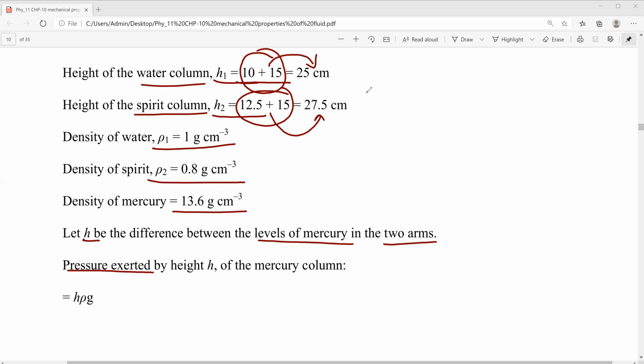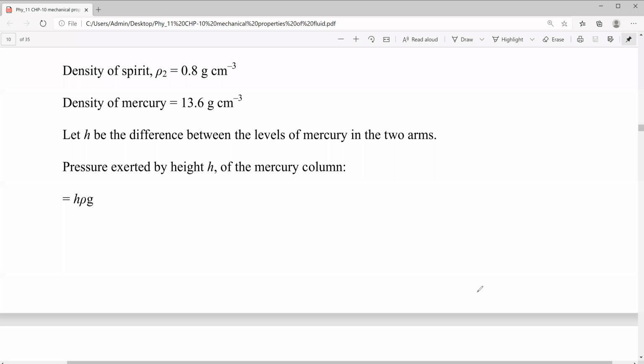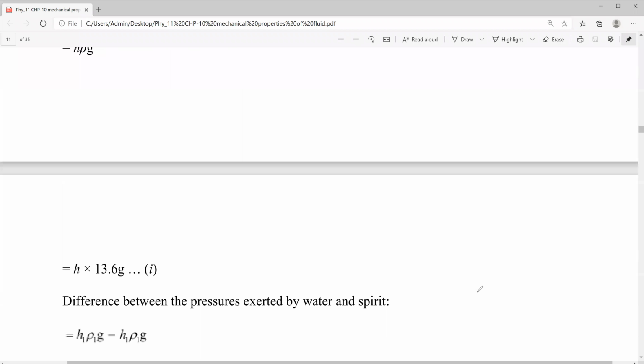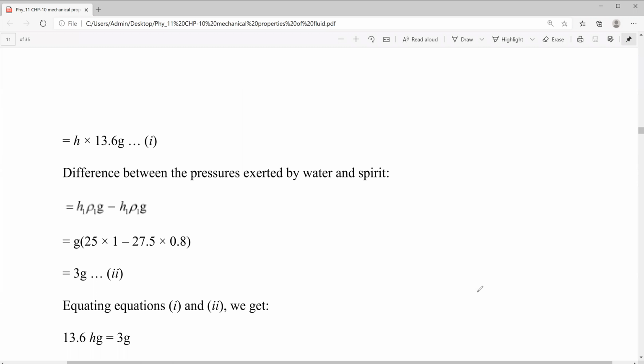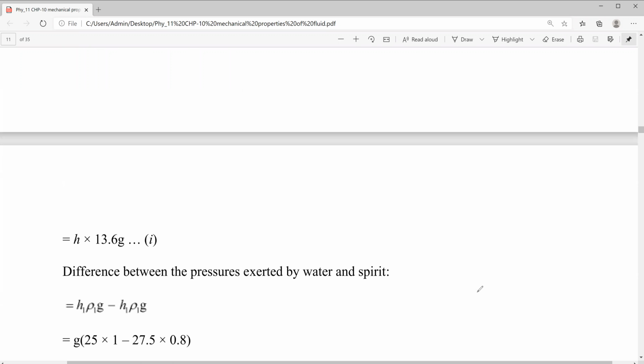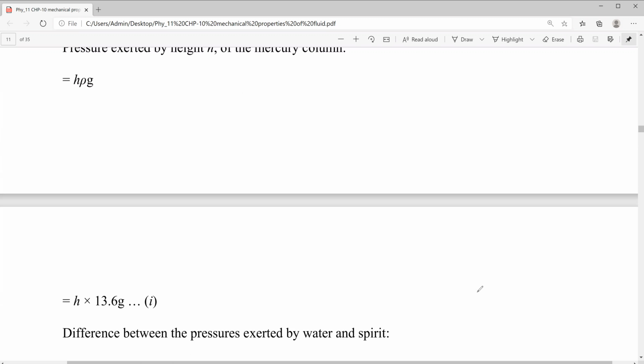Therefore, pressure exerted by height of mercury column is given by the formula rho G H. So by using these given data, we have to find H from the formula rho G H.